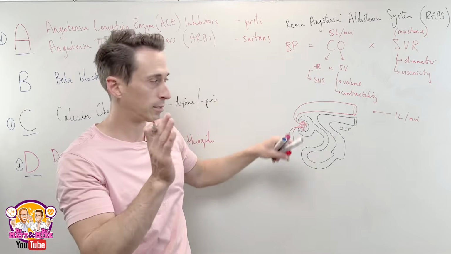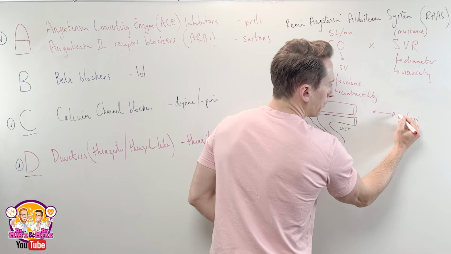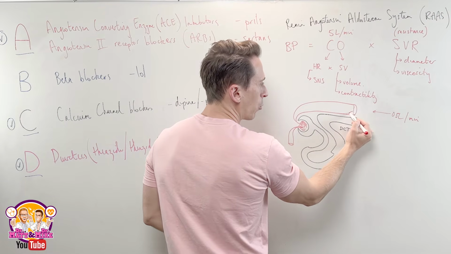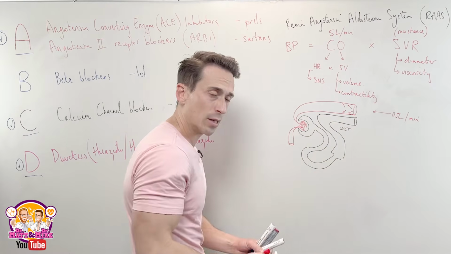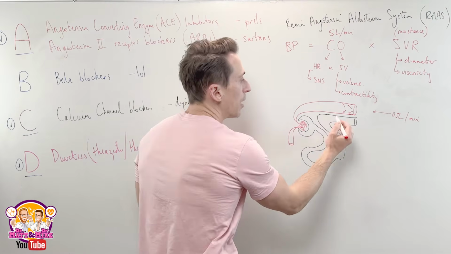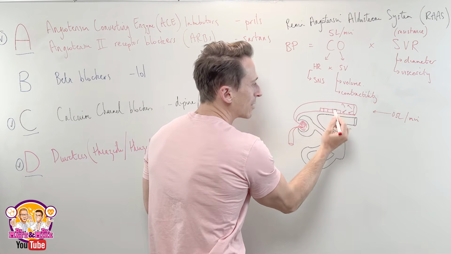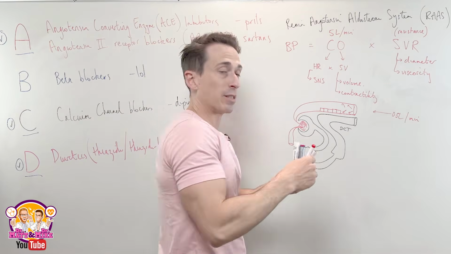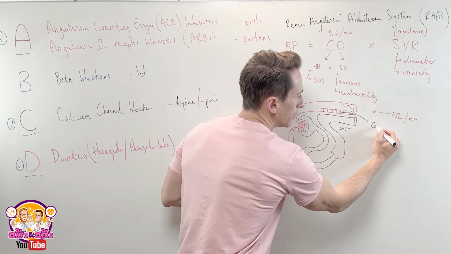How does it do it? Let's take a look. So let's say it's dropped. Let's say it's gone to half a litre. As it moves through, remember, blood pressure is the force that the blood puts on the walls of these vessels. If that has dropped, there are sensors, baroreceptors, pressure sensors in the walls of the afferent arteriole. These are specific types of cells that we call granular cells.